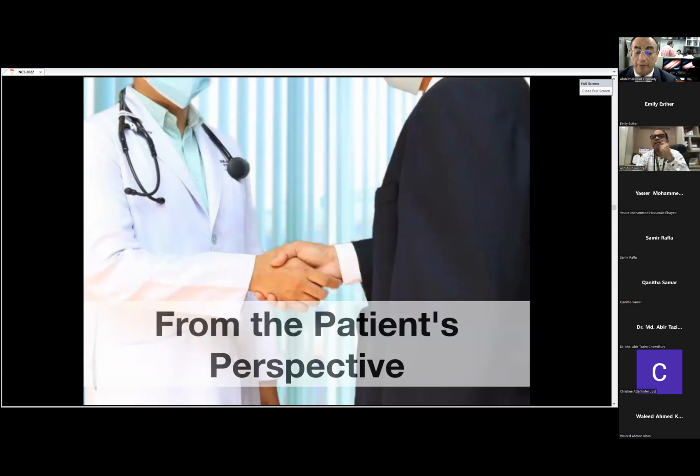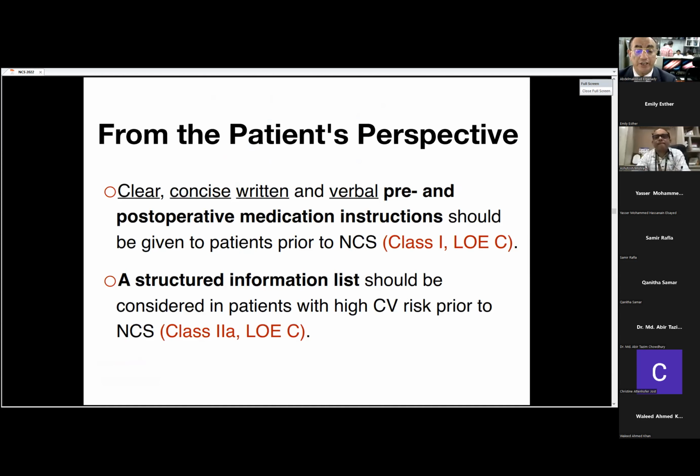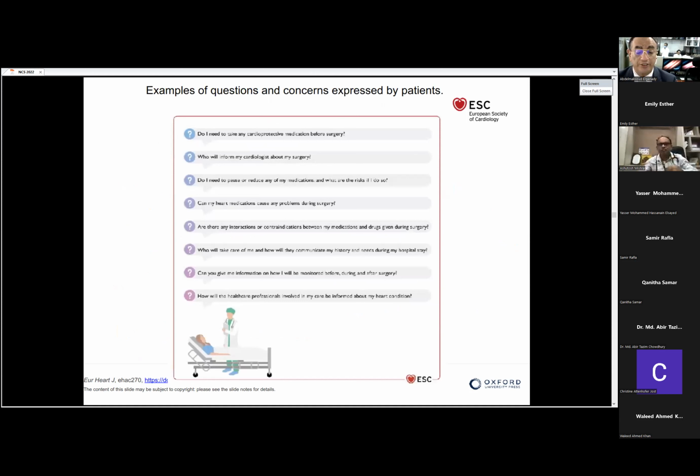From the patient perspective, definitely clear and concise written and verbal pre and post operative medical instructions should be given to the patient prior to surgery. A structured information list should be considered in patients with high cardiovascular risk prior to non-cardiac surgery.